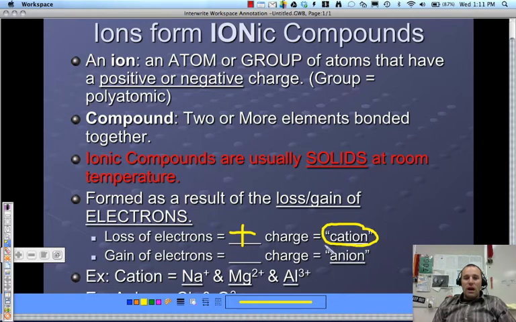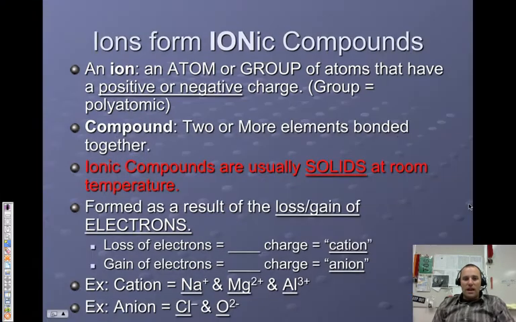And the opposite of a cation is called not an anion, a dog ion. Just kidding. In reality, it is the anion. If you gain electrons, you take on a negative charge, and you have what's known as an anion. So a positive charge is called a cation, and a negative charge is called an anion.